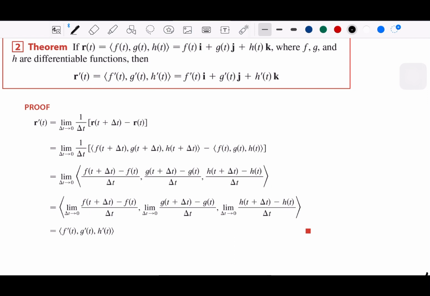So we take all of them, change to t plus delta t, and divide by delta t, and that is basically the definition of each function's derivative, right? So we can take the derivative of each component. So if you are asked to find the derivative of a vector function, it means that for each component you just need to take the derivative of each one of them.